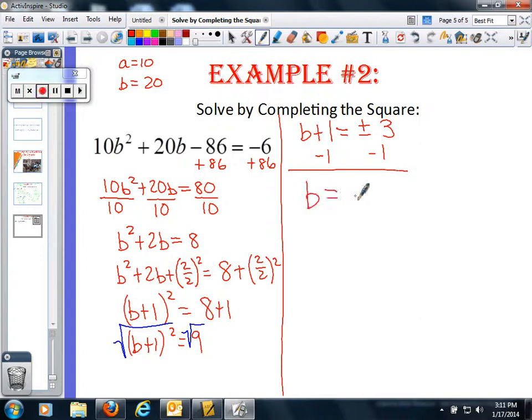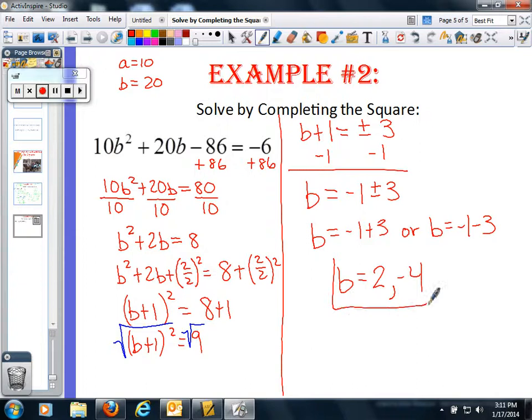And I get b equals -1 plus or minus 3, which means that b equals -1 plus 3, or b equals -1 minus 3, which means you're going to get b equals 2, comma, -4. And there's my answer. Okay?